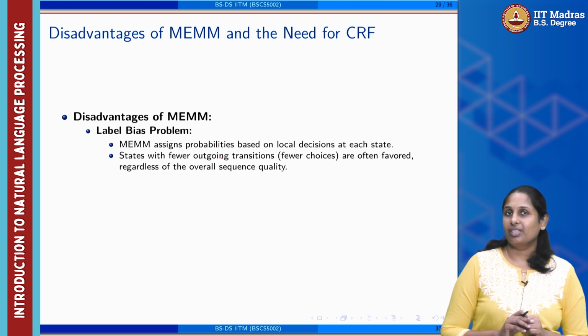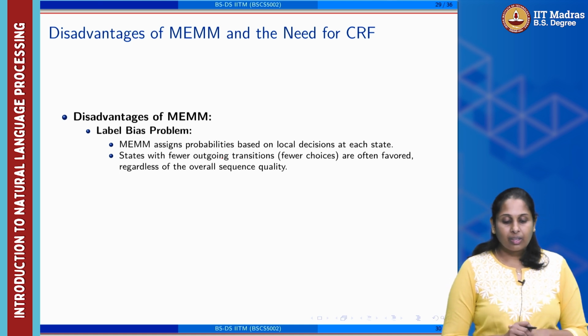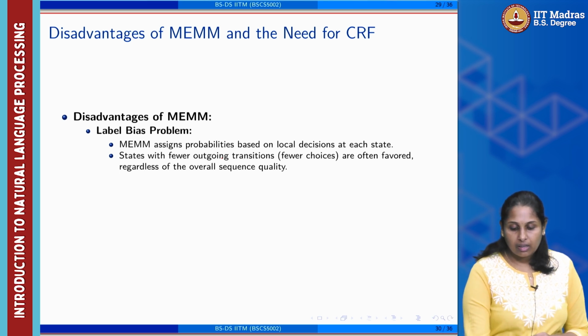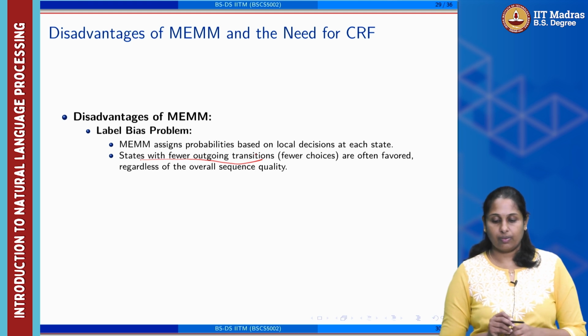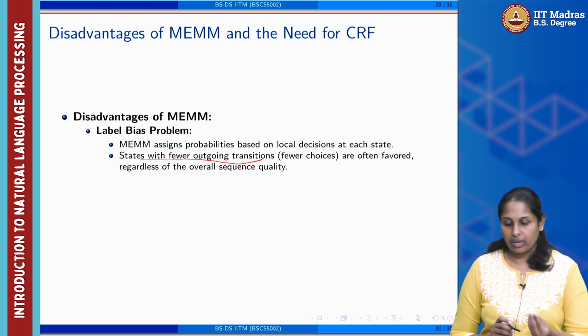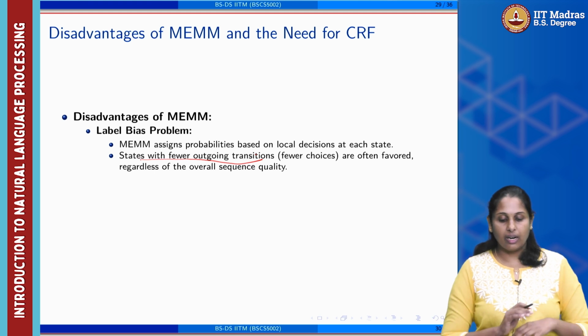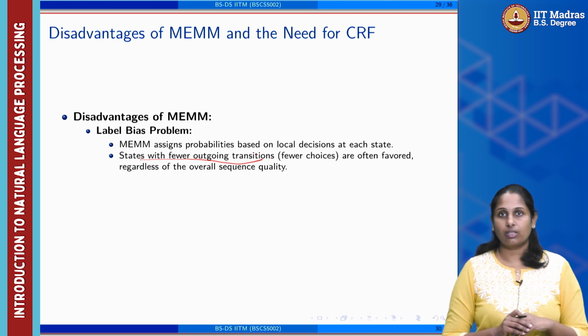Again, there are some disadvantages with MEMM. Label bias problem. This label bias problem happens when states with fewer outgoing transitions, that means we have only fewer outgoing transitions, but they are always favored with a particular tag, regardless of overall sequence labeling, right.